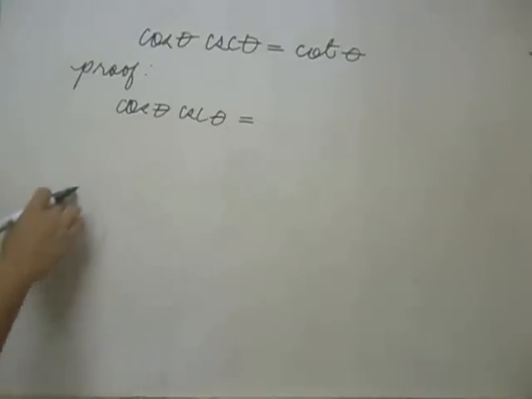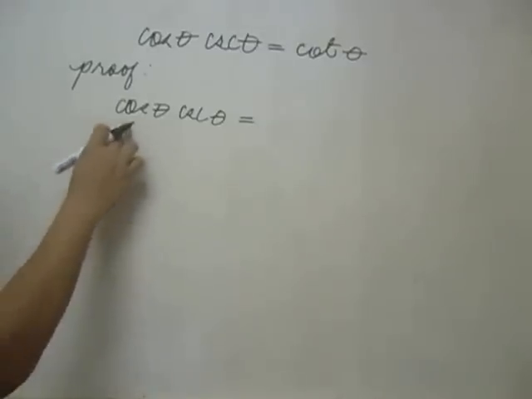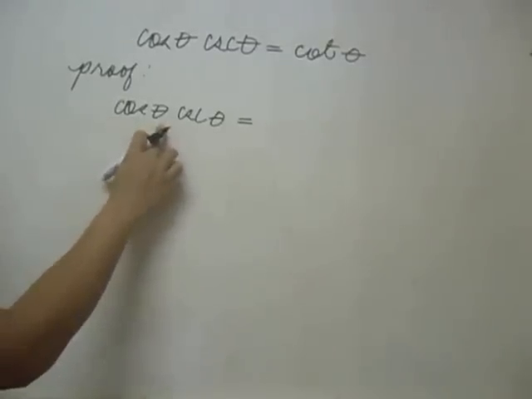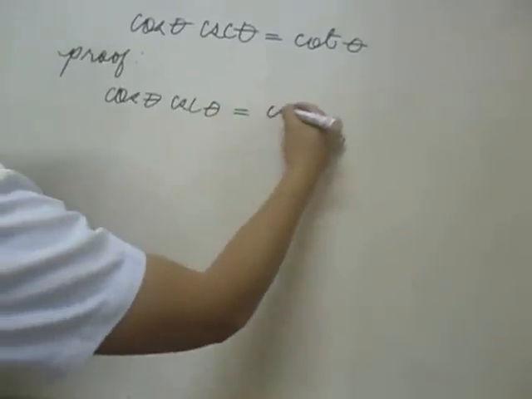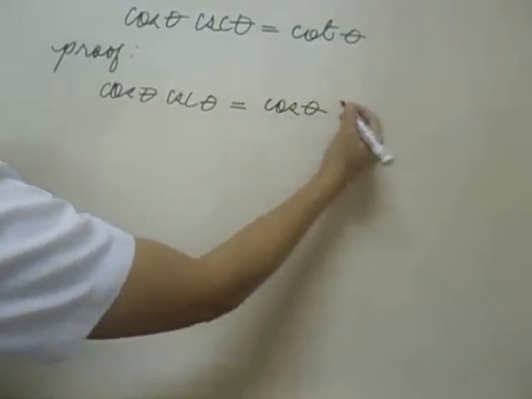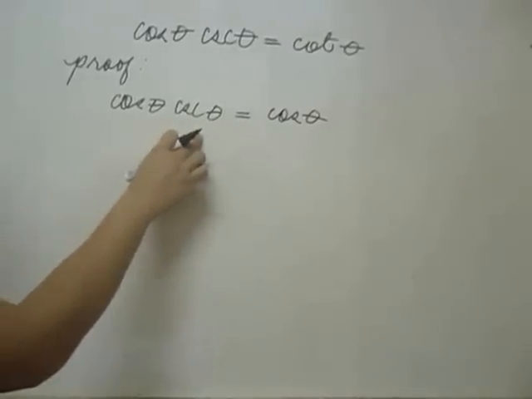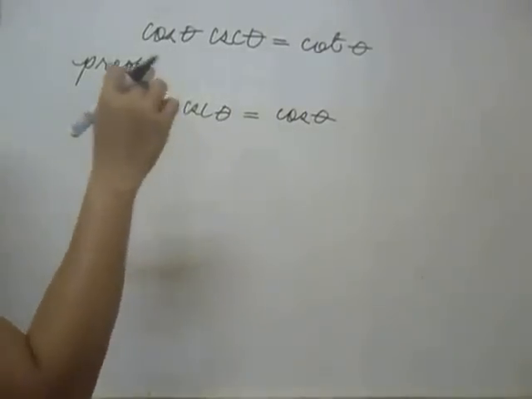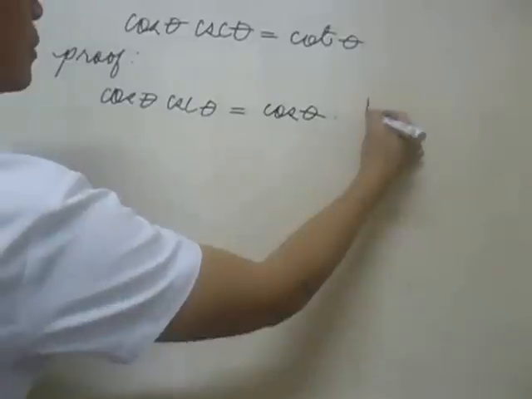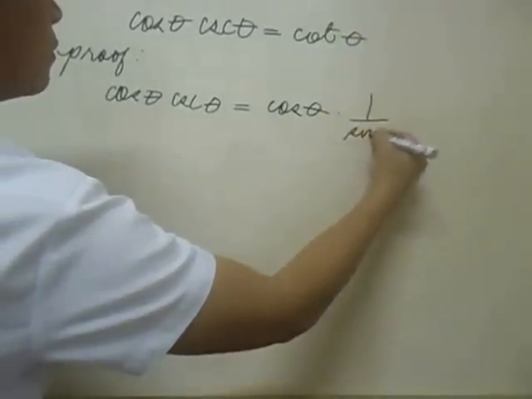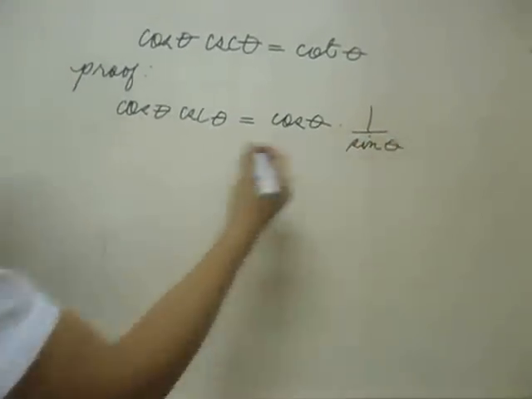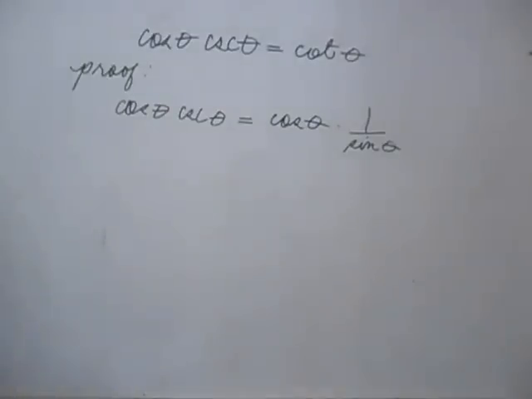As you can see, we already have the presence of cosine theta, so we copy cosine theta. For cosecant theta, we can replace it by 1 over sine theta, one of the reciprocal identities.